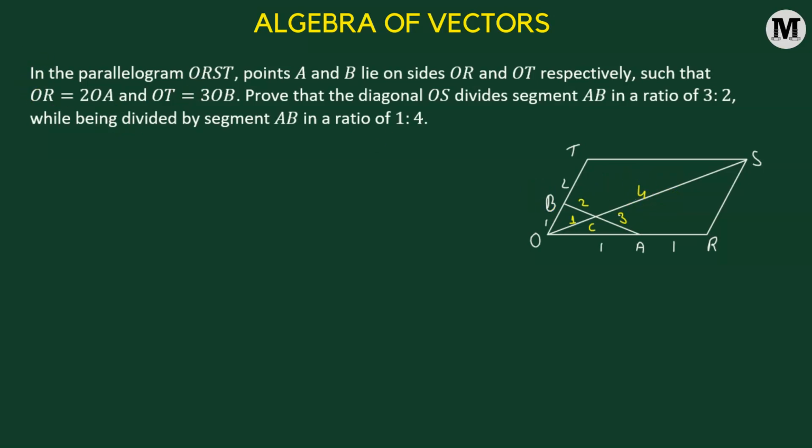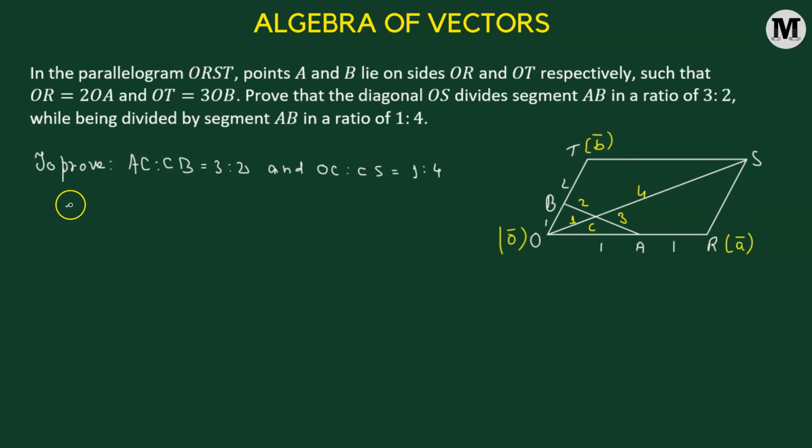Okay, let us begin. Now we need to define the position vectors of the vertices. We'll assume that O corresponds to the origin, so its position vector is simply the null vector 0. With respect to the origin, we consider the vertex R to have a position vector of vector a and T to have a position vector of vector b.